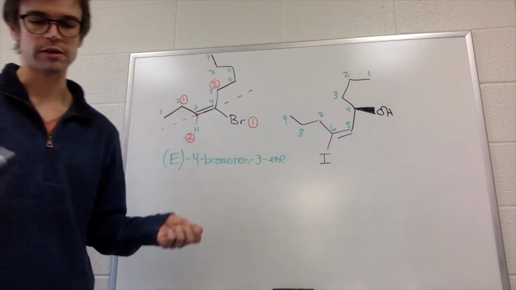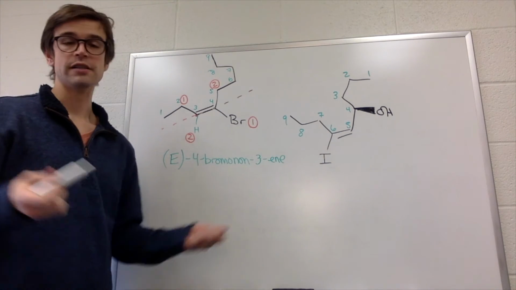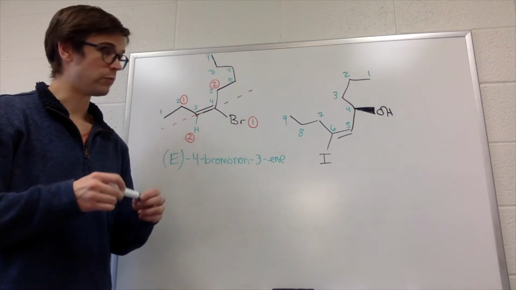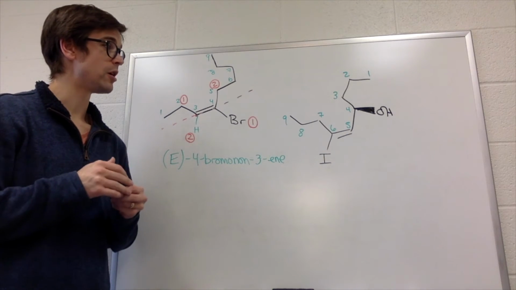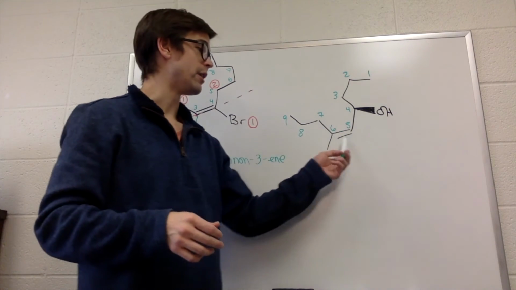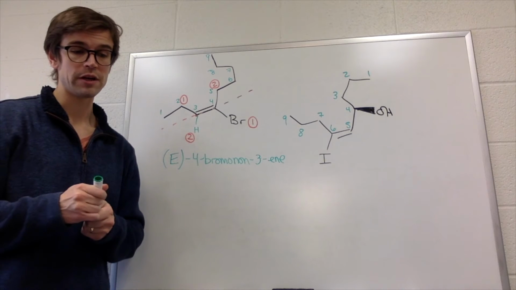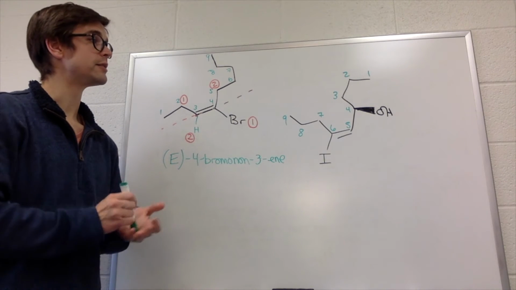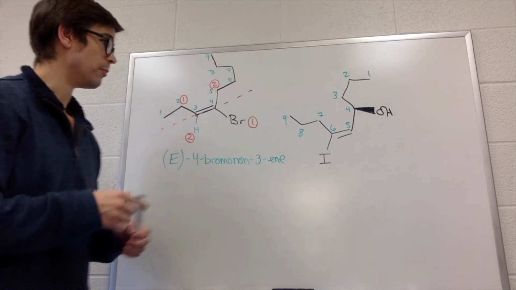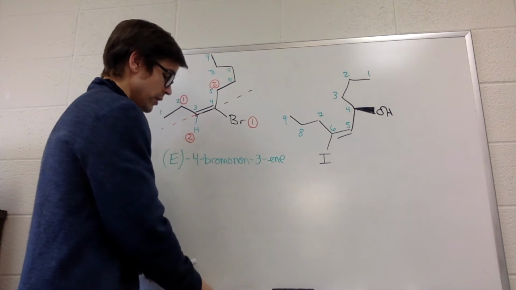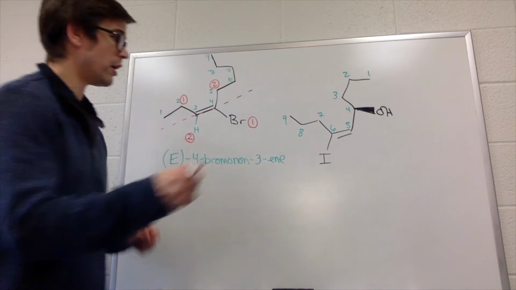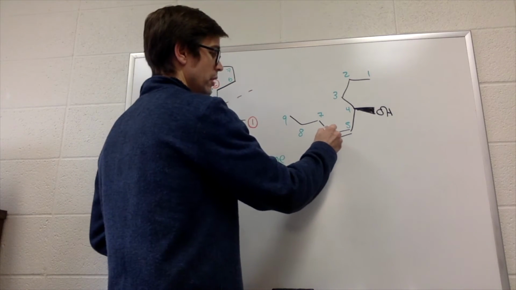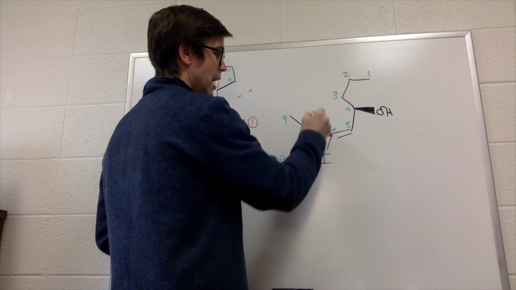So again, for some unknown reason, it's 9 carbons long. So we have 9 carbons long, we have an alcohol, we have an alkene. We have to unambiguously assign these things. Let's start with the alkene, because that's what we're kind of on. This carbon of the alkene has an iodide versus a carbon.